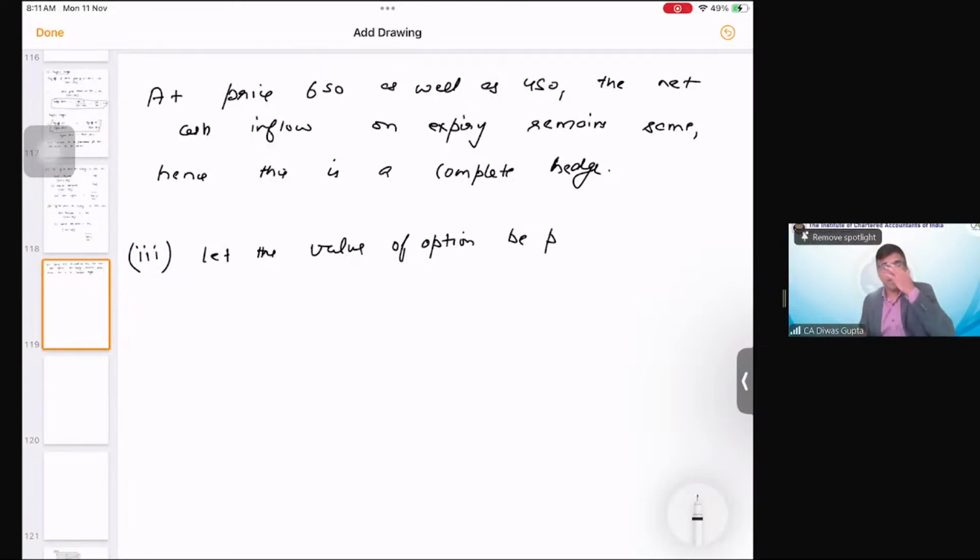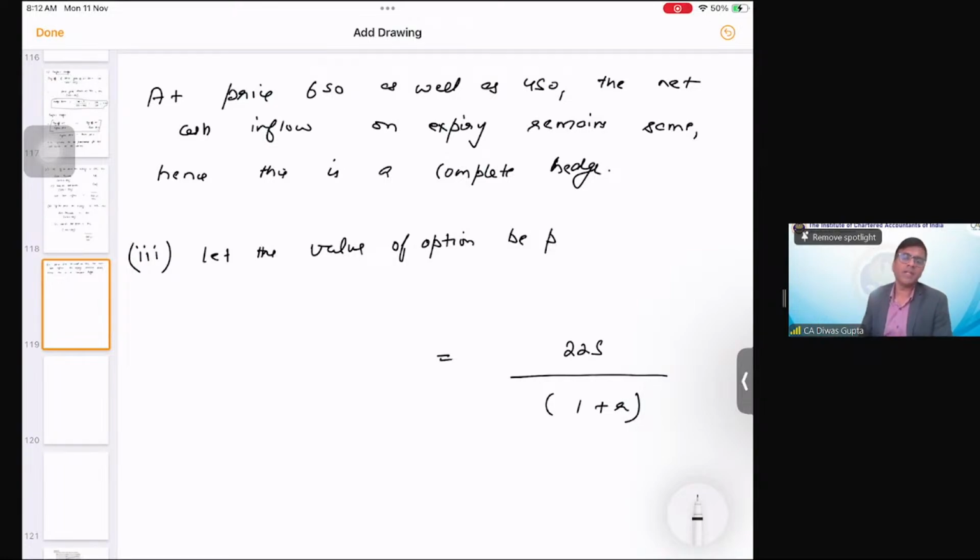Now, whatever is the price, 225 is the value, right? 225 is the net cash flow happening at the maturity period. So if I take a present value of that net cash flow and equate it to the current strategy.